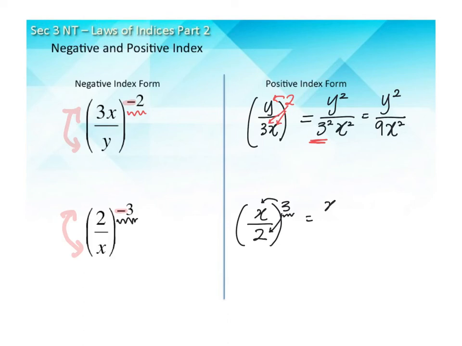I will get x cubed over 2 cubed. Now let us simplify 2 cubed. 2 times 2 times 2 is 8. It is not 6. So this will be x to the power 3 over 8. Then this is how we convert from the negative index form into the positive index form.